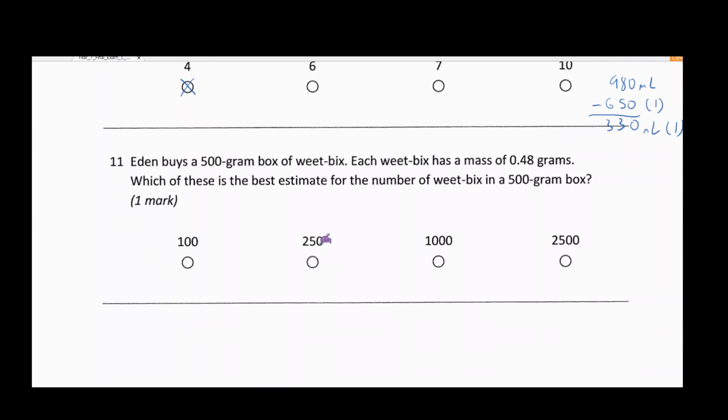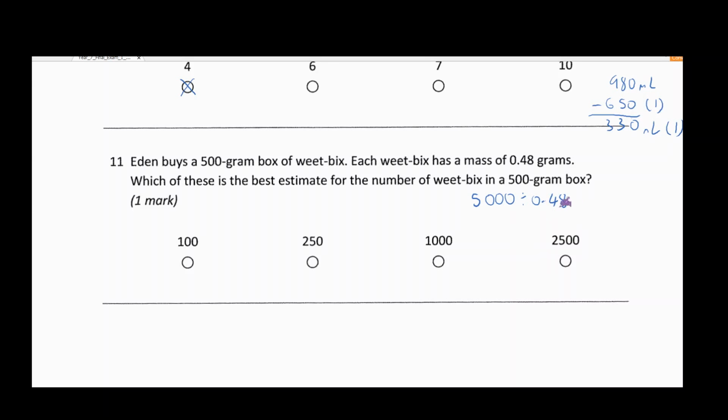Eden buys a 500 gram box of Weet-Bix. Each Weet-Bix has a mass of 0.48 grams. Which of these is the best estimate for the number of Weet-Bix in the 500 gram box? Okay, so it's going to be 500 divided by 0.48.